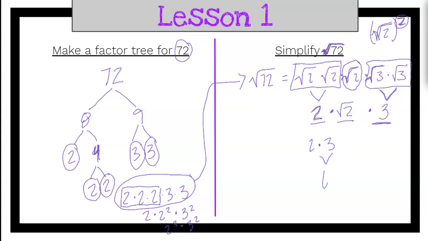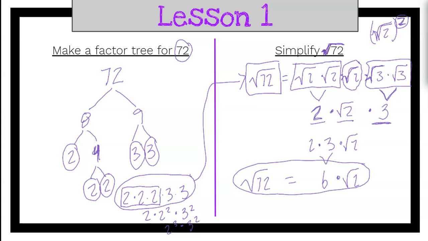Well, that's 6. And then that multiplied by the square root of 2 just stays, times the square root of 2. So we can actually simplify the square root of 72 to be 6 times the square root of 2, or we can even just write it as 6 square root 2. You don't even need the multiplication sign, as long as the number outside the radical is in front.